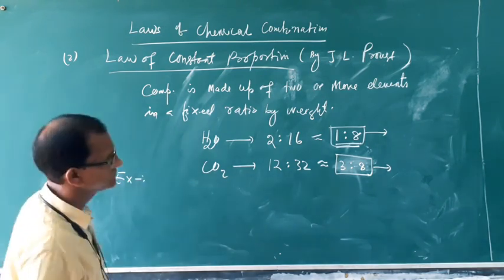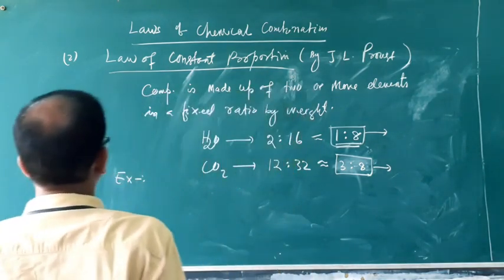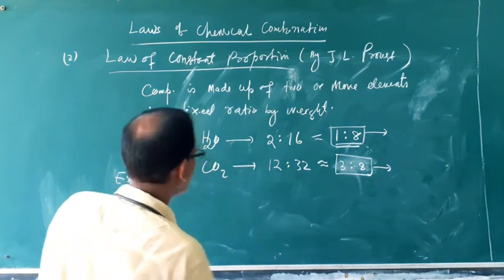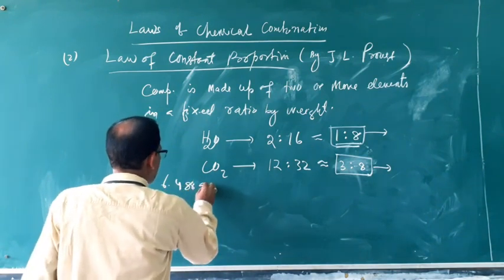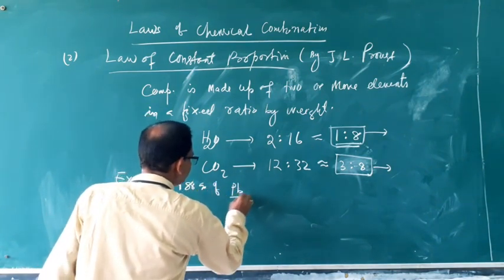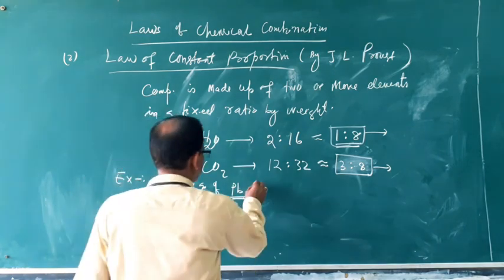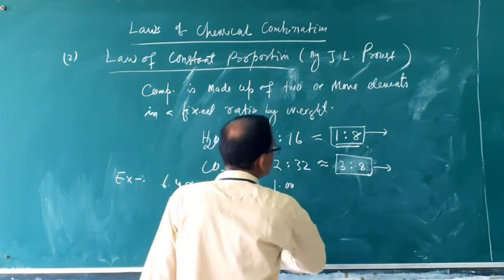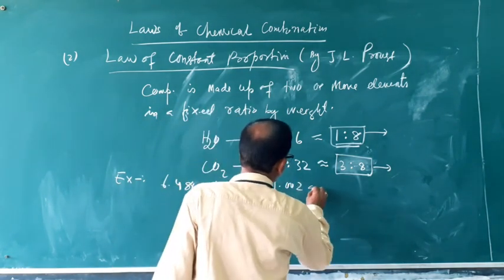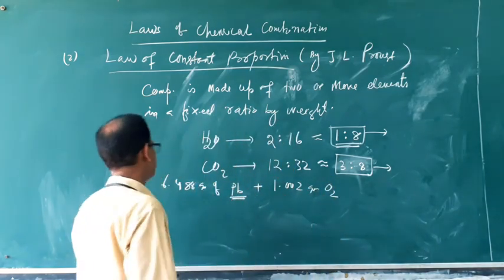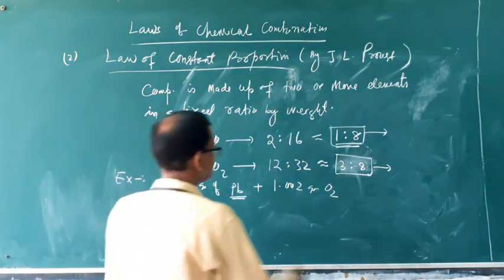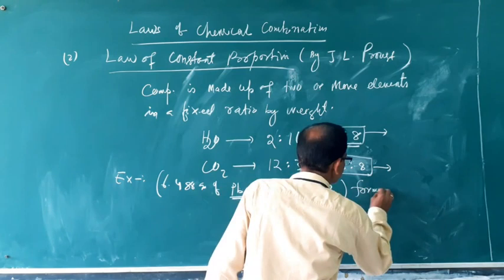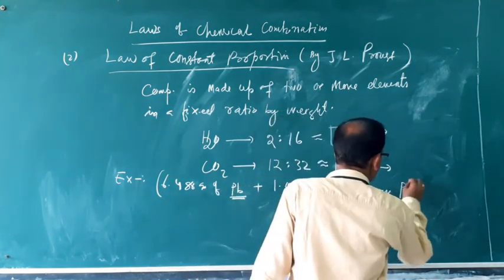What is that law? In an experiment, 6.488 gram of lead combined with 1.002 gram of oxygen forming lead peroxide.